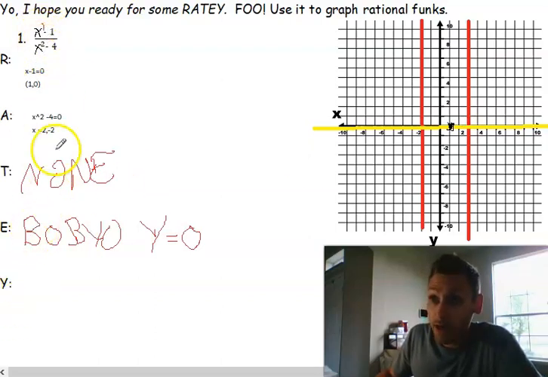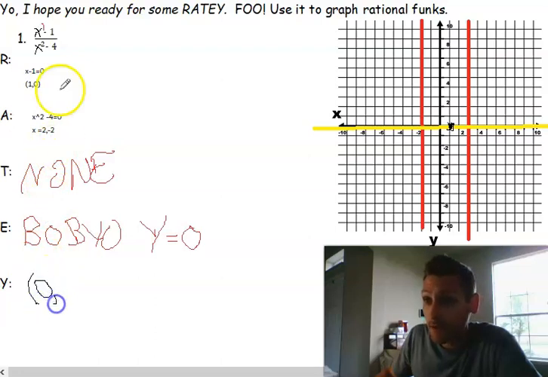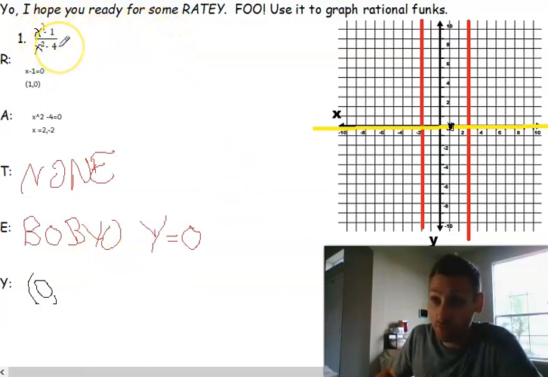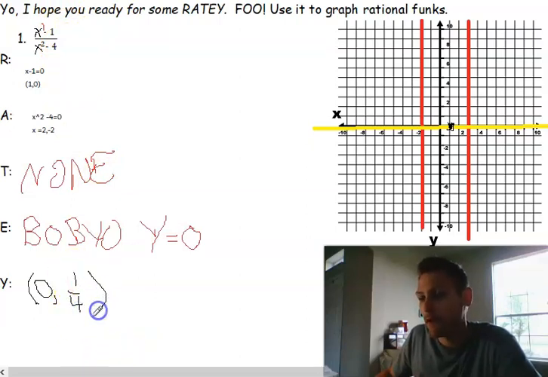If you let all your x's equal 0, you would get a negative 1 on the top and a negative 4 on the bottom. So negative 1 divided by negative 4 is positive 1/4. And that's going to tell us where the y-intercept is, so positive 1/4, about right there, okay?